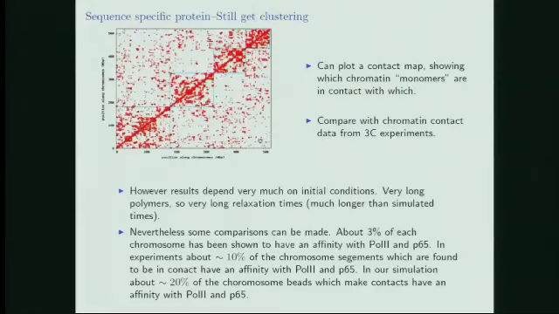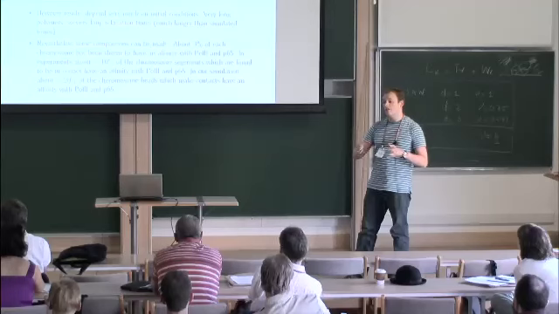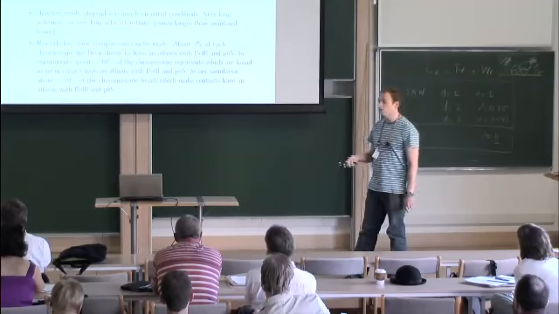Okay, so we can also plot a contact map from the chromatin. This just shows which of the chromatin beads was in contact with all of the other chromatin beads, and by in contact we just mean that in the simulation they were within a certain volume.